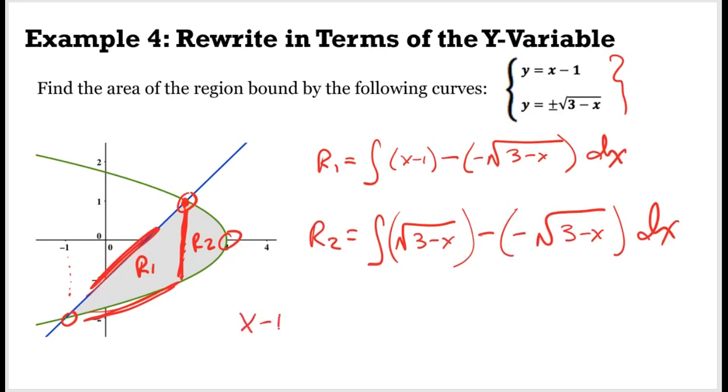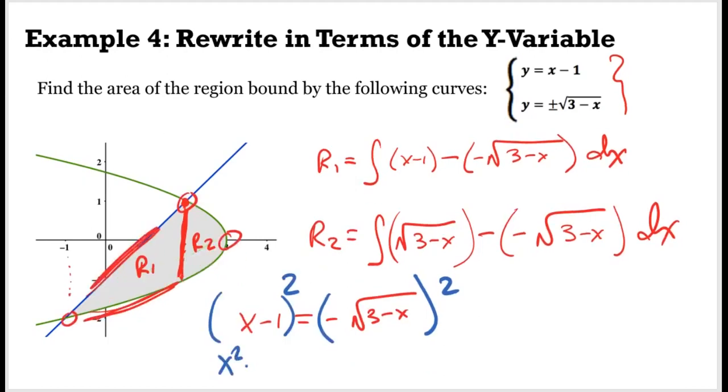So x minus 1 is equal to the negative square root of 3 minus x. And now that I've done this to solve a radical equation, I would like to square both sides. So anything squared becomes positive, so the negative goes away, the square eliminates the square root, and we're left with 3 minus x on the right-hand side.